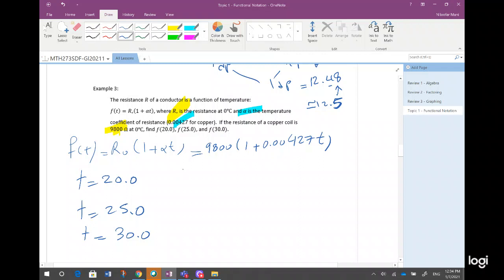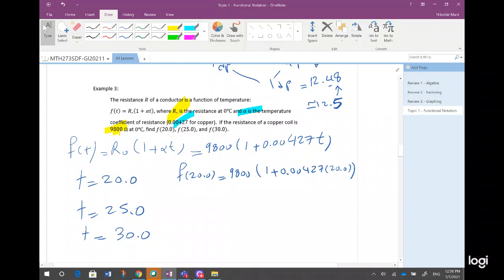So for example, for f of 20, it is 9800 multiplied by 1 plus alpha times t. I multiply the alpha with t, then I add 1, and then I multiply the result with 9800.